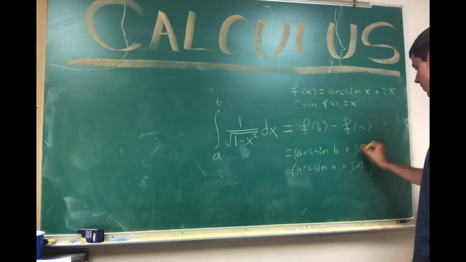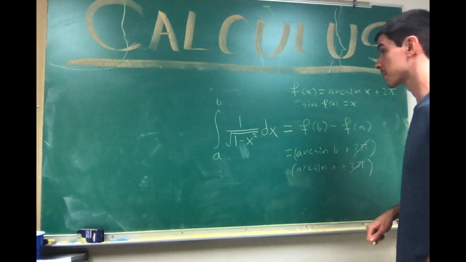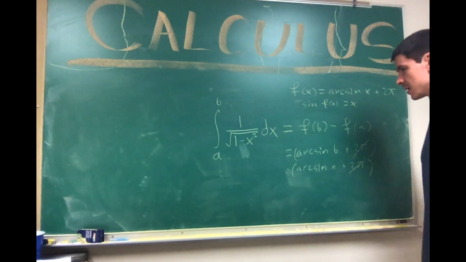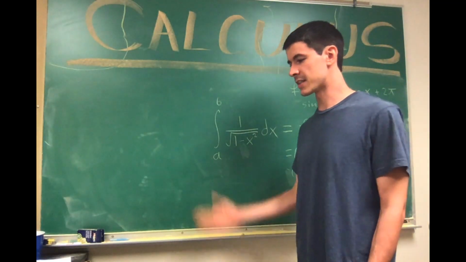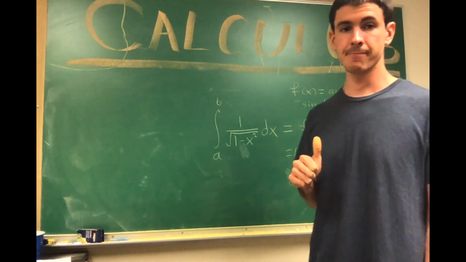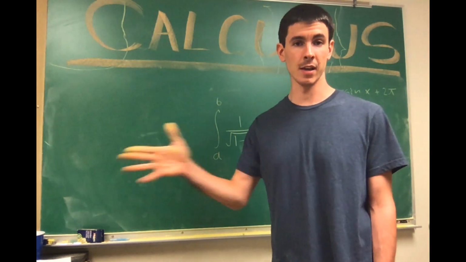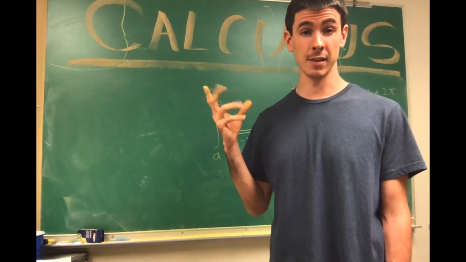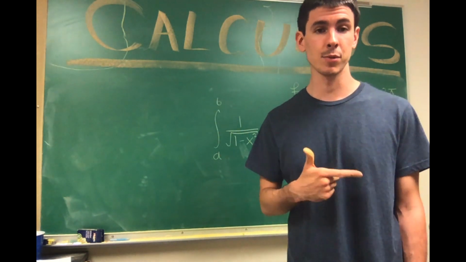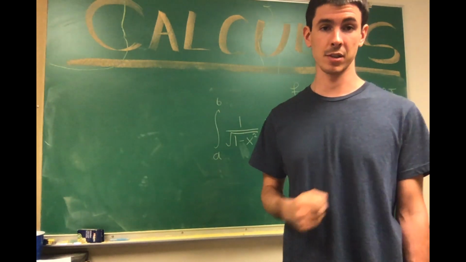And the 2 pi's cancel out. We just have arcsine of b minus arcsine of a. It's the same thing. So that's just a brief comment to tie it into yesterday. And yeah, so that's it for today, and we'll be back tomorrow with the analog of the product rule, which is called integration by parts, and the analog of the chain rule, which is called u-substitution.